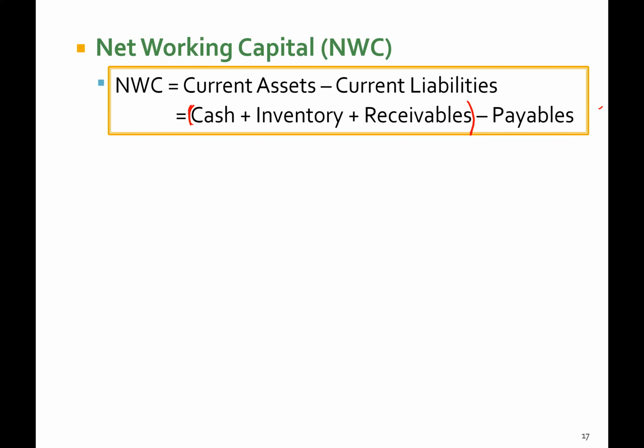The current liabilities that we're going to include are the company's payables. Note that the company may have additional current liabilities, such as short-term debt or something along those lines. We're really only considering non-interest bearing current liabilities for the firm here. And so we're going to subtract off the firm's payables here.